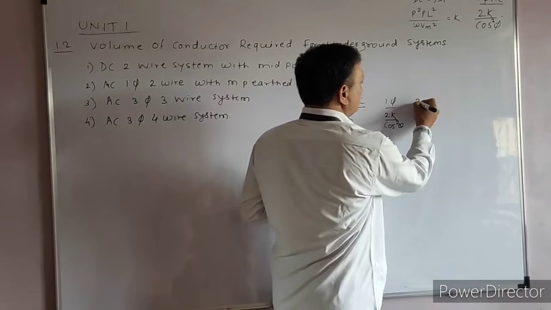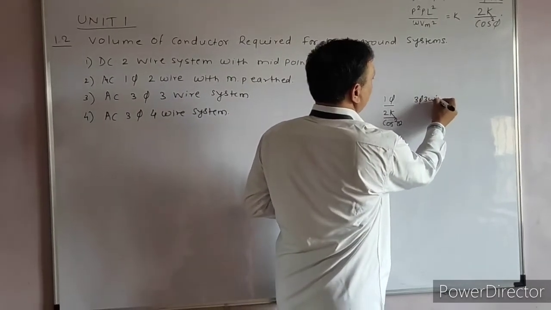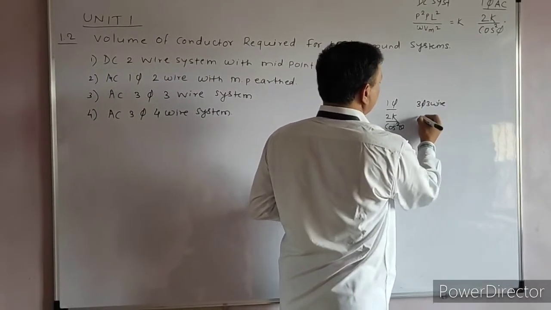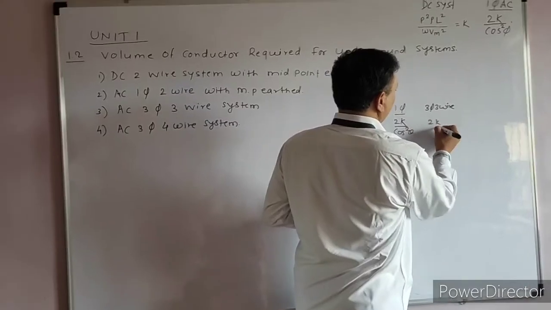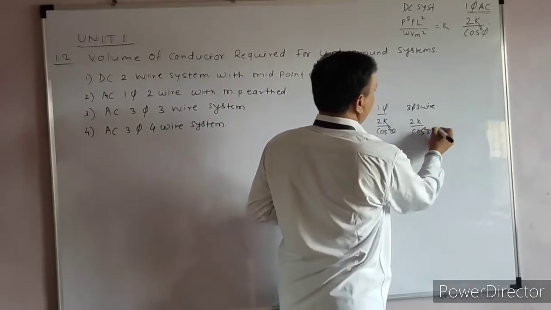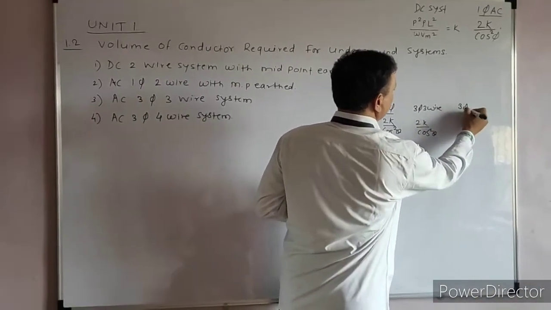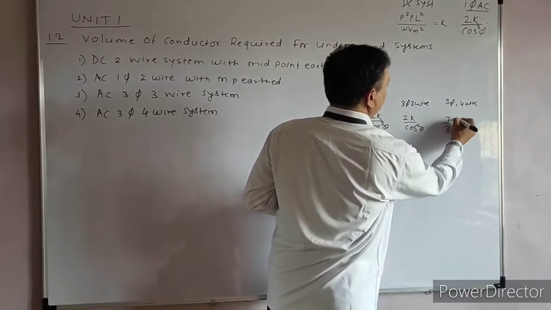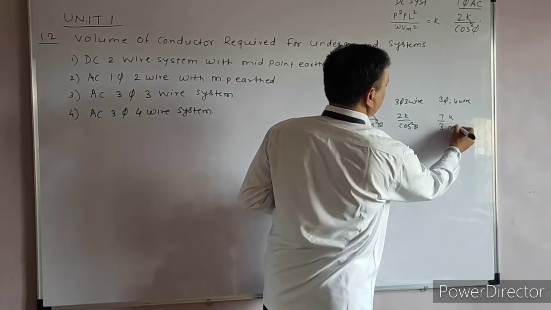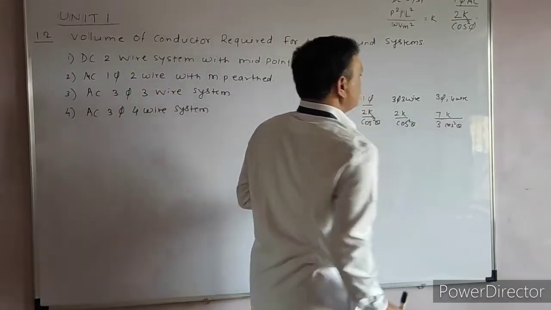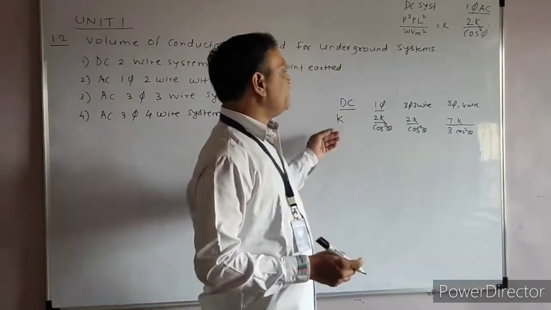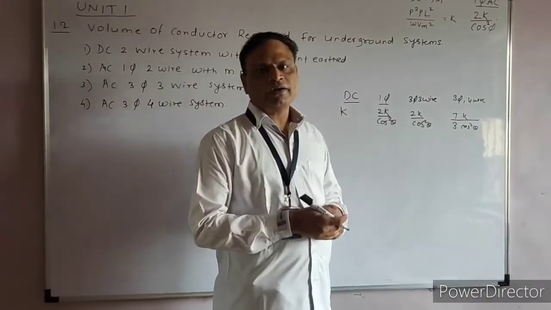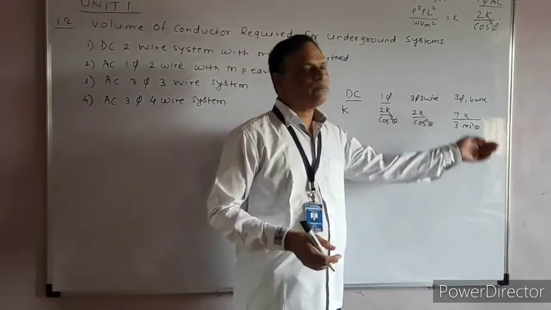Again for the 3-phase 3-wire system the volume of conductor required was 2K upon cos square phi, and for the 3-phase 4-wire system it was 7 upon 3K into cos square phi. So this was the comparison between the volume required for overhead systems.